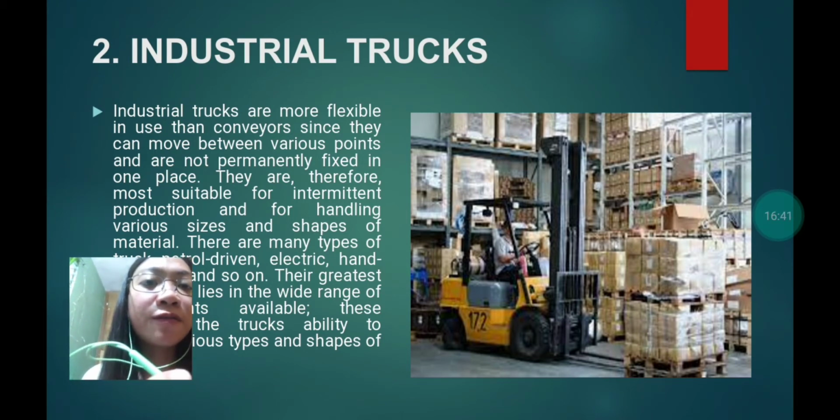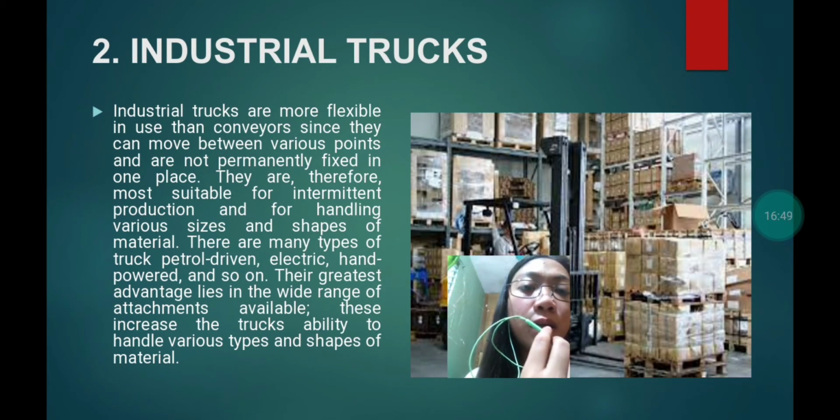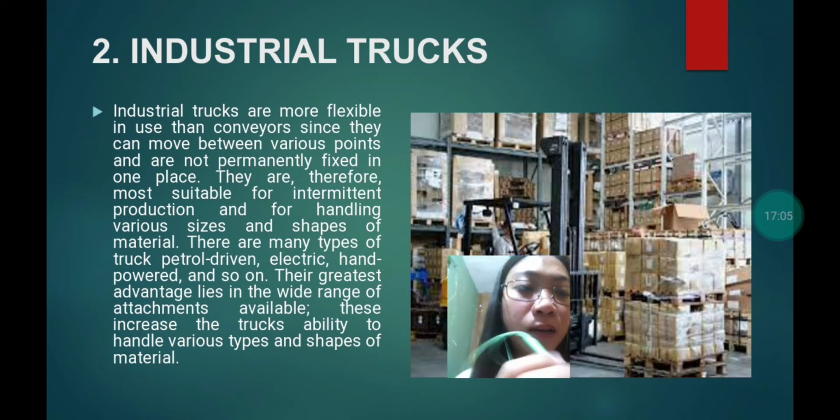They are therefore most suitable for intermittent production and for handling various sizes and shapes of loads. Trucks may be petrol-driven, electric, and hand powered, and so on. The greatest advantage lies in the wide range of attachments available. This increases the truck's ability to handle various types, shapes, and materials.